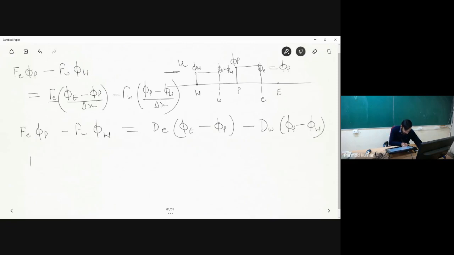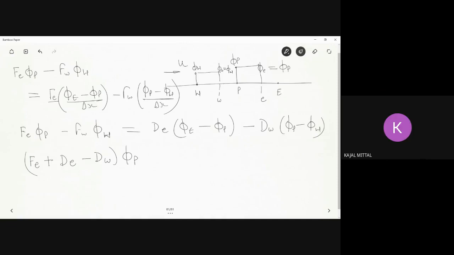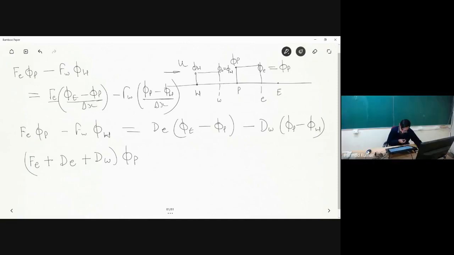So what I will be getting, I'll be getting Fe with phi P, and from the right hand side I will be getting plus dE, then another I'll be getting minus dW, plus dW and plus dE.